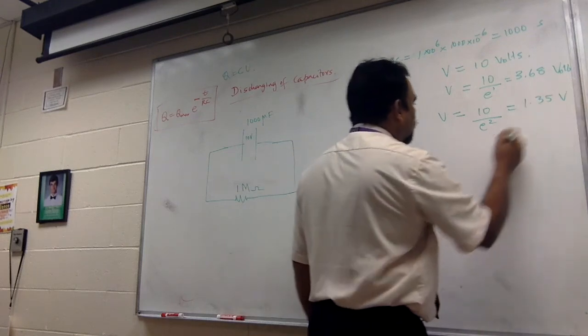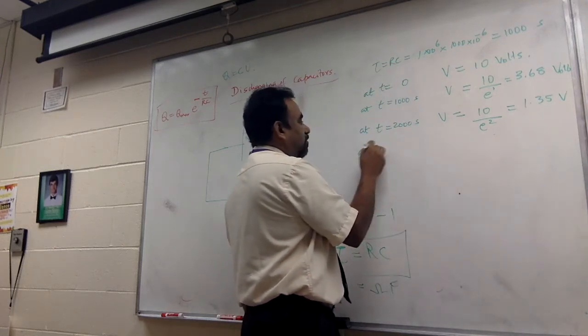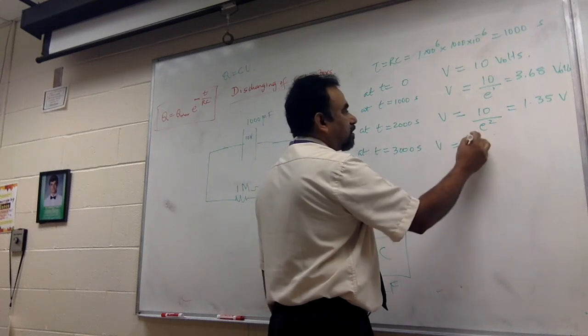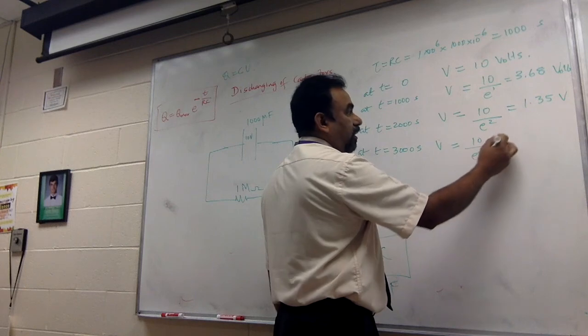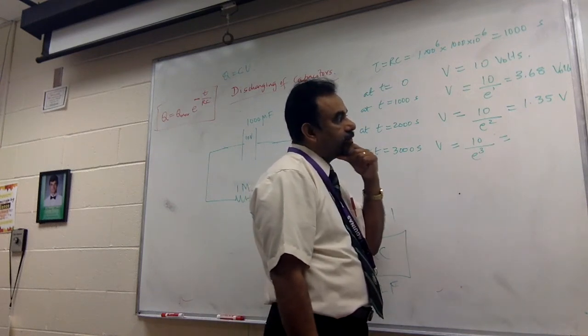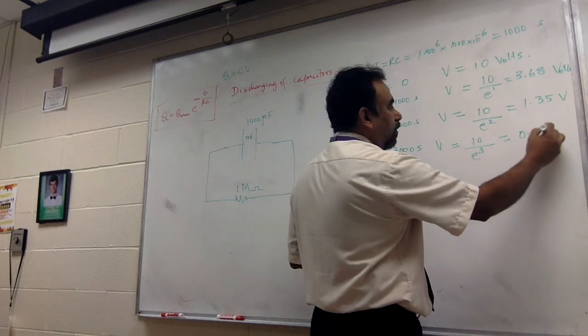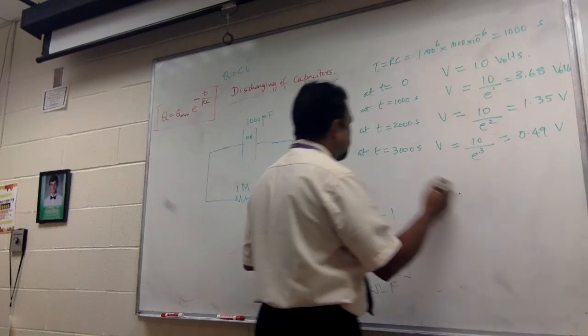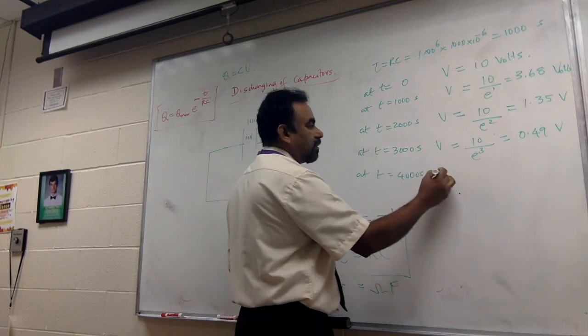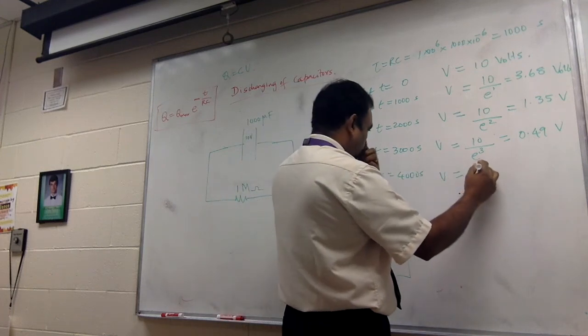1.35 volts. And then at time t equals 3000 seconds, this becomes 10 over e to the power of 3, which is 0.49 volts. And then it goes on to 4000 seconds.